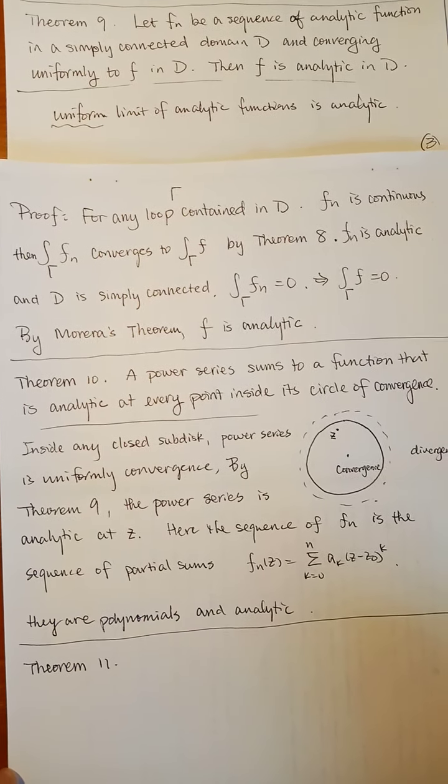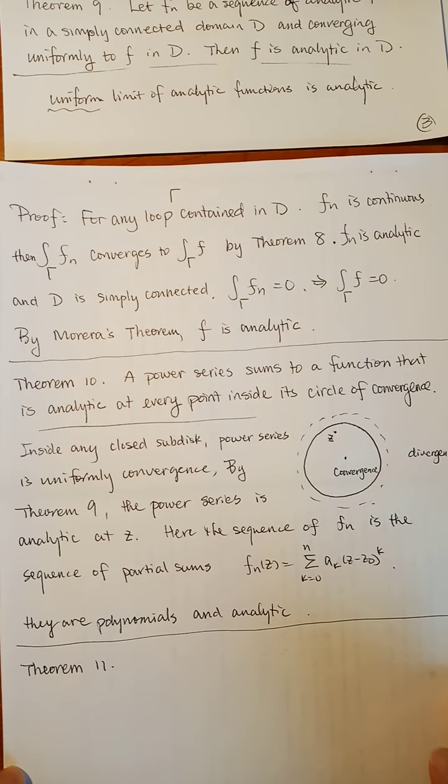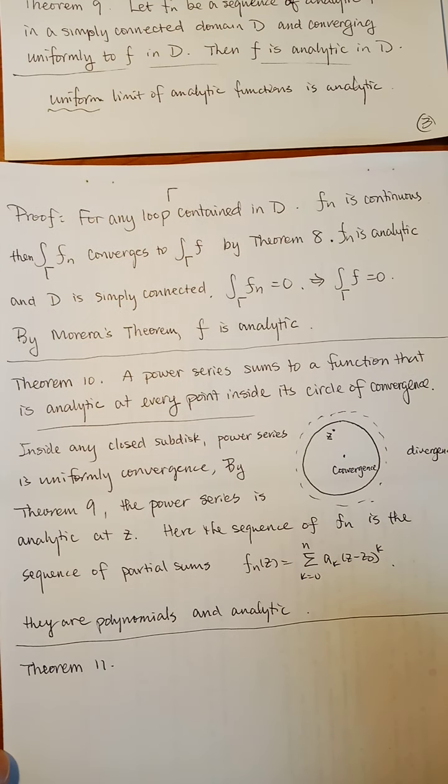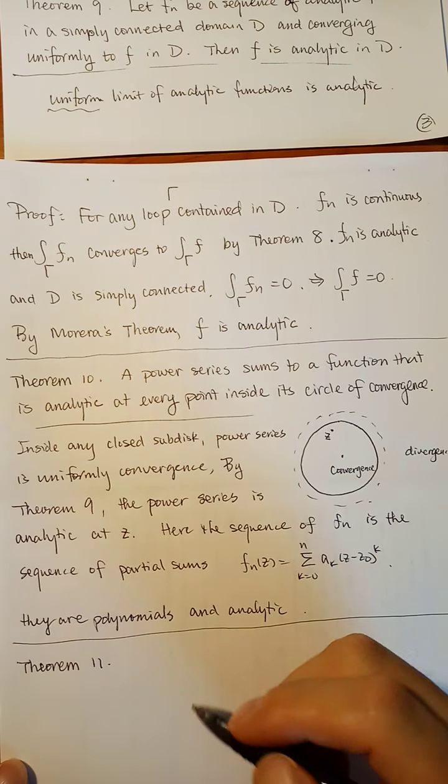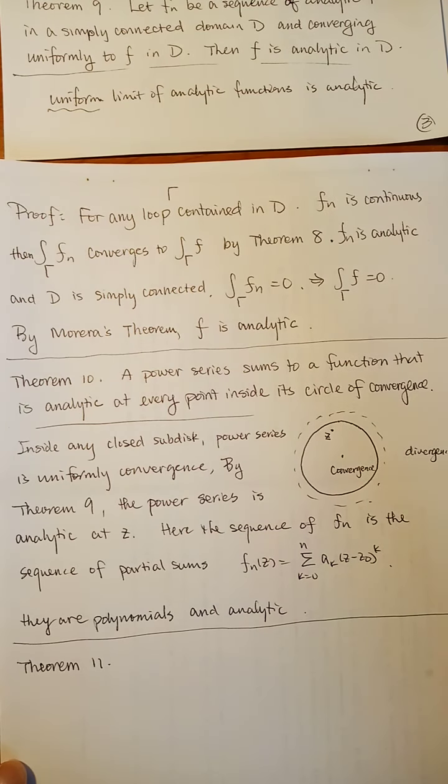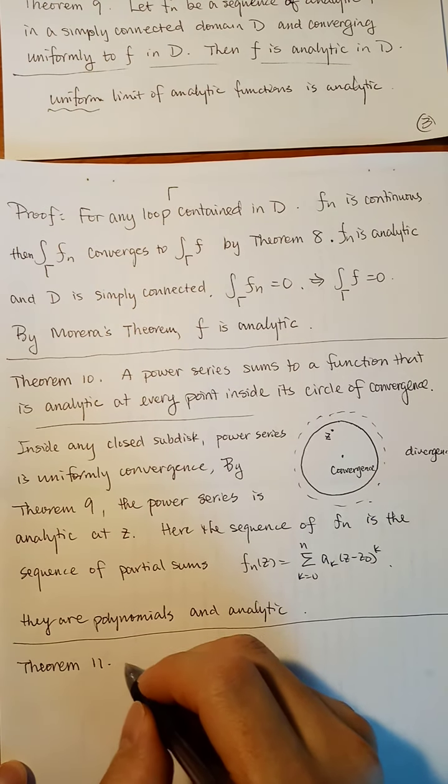And once we have a power series representing an analytic function, we can relate it to the Taylor series. For the Taylor series, the coefficient is the j-th derivative evaluated at the center over j factorial. Here is a similar thing.